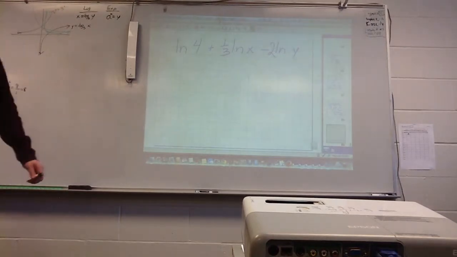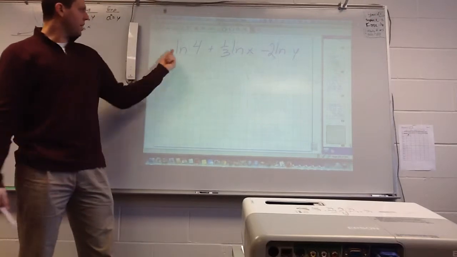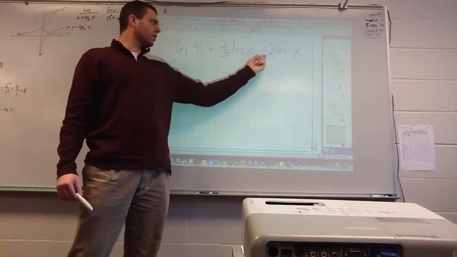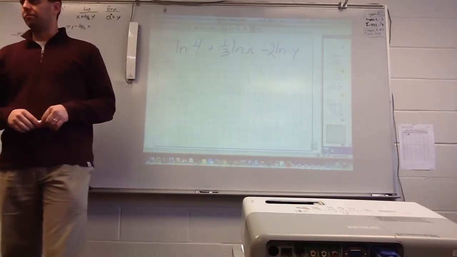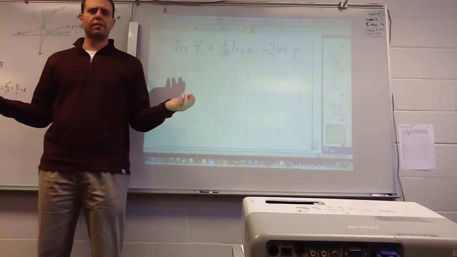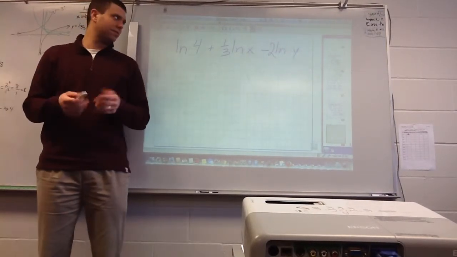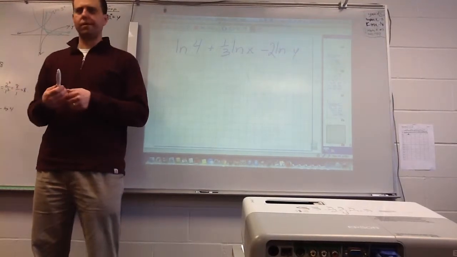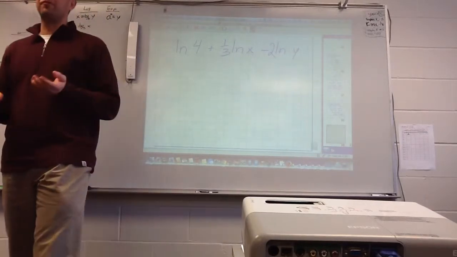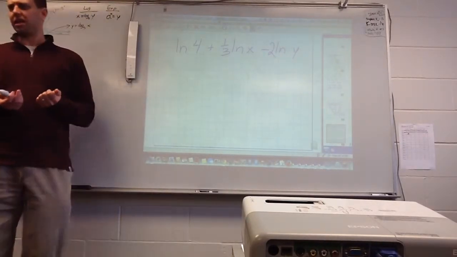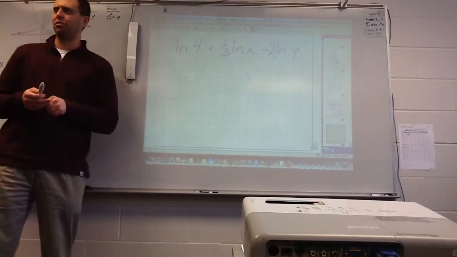Alright, so we're going to condense again. We're going to make 1 logarithm here. I have the ln of 4 plus 1/3 ln x minus 2 ln y. Don't let the ln's throw you off. Ln's are still logarithms, right? They still have a base of e. Do you think the rules change? No. It just means you're writing ln every time, okay? There is no difference, so don't think just because you see an ln that it's going to be different. The same rule still applies, just you're writing ln instead of log.